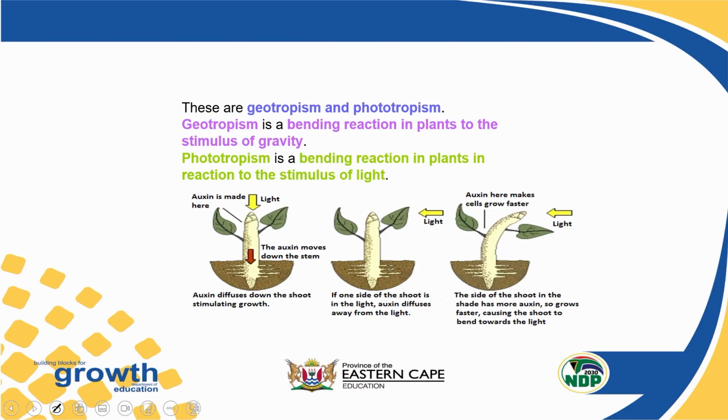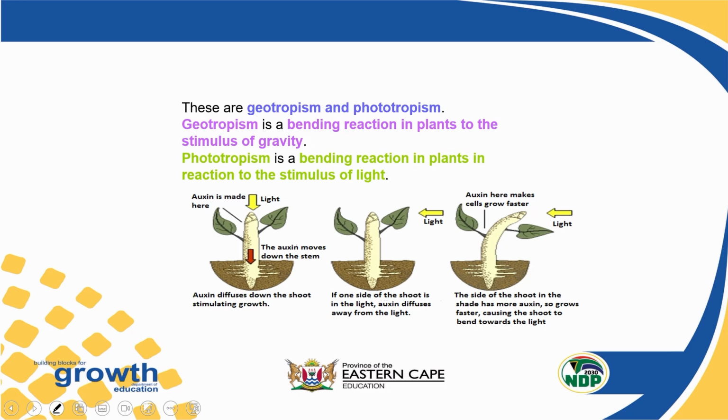Let us look at the first plant on my left-hand side. Remember, we have said here we have got two types of tropism, geotropism and phototropism. Let's understand that when we speak of tropism, it is the growth of a plant towards a particular stimulus.